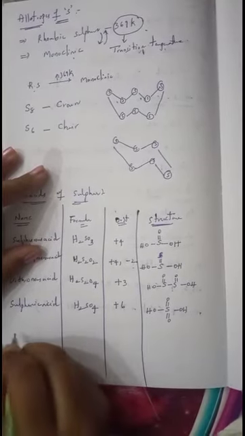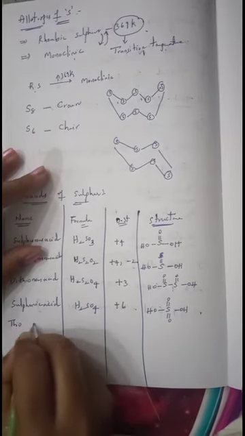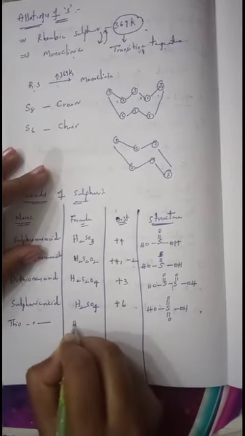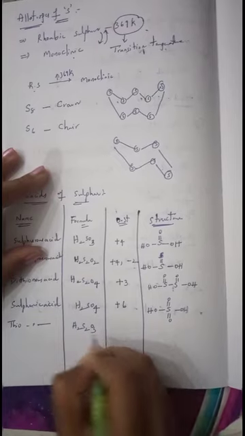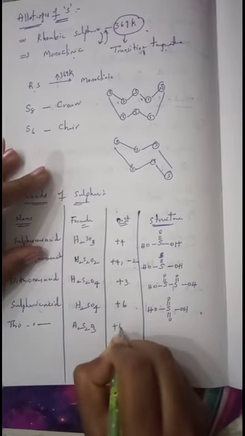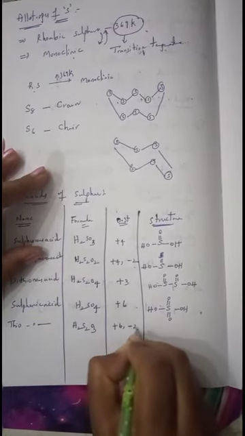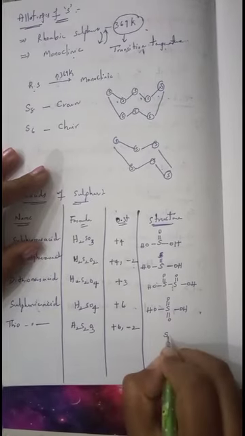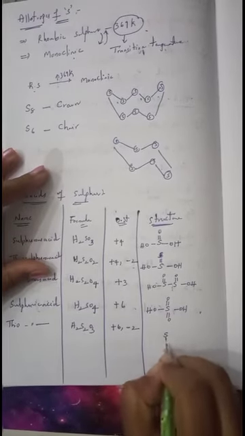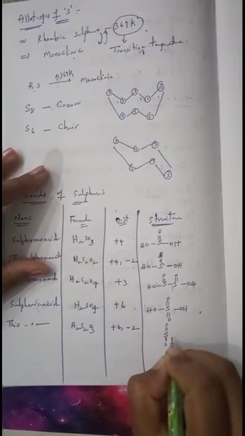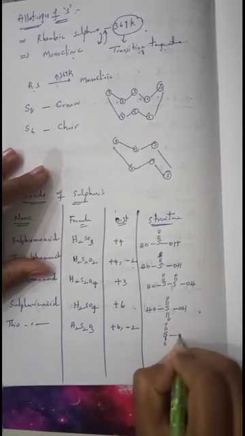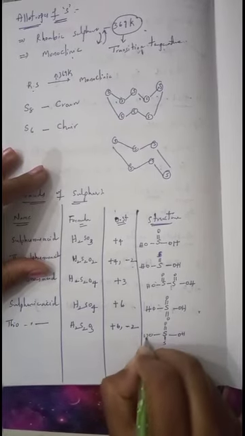Next, thiosulfuric acid. Thiosulfuric acid formula is H2S2O3. Oxidation states of sulfurs are +6 and -2. Sulfur is in bond with one more sulfur and double bond with oxygen, and two more oxygens combined with hydrogen exist as OH.